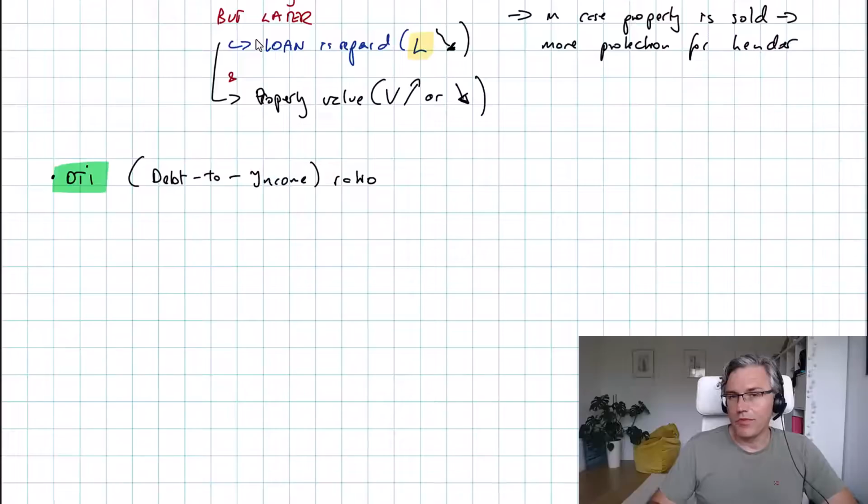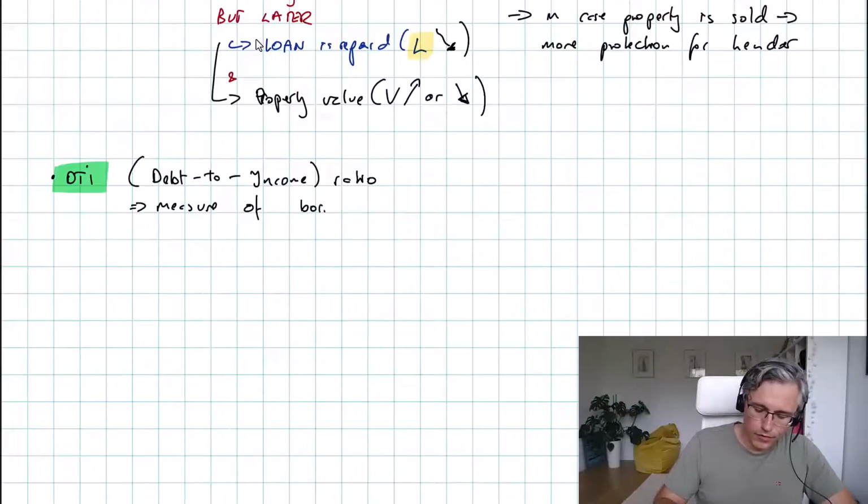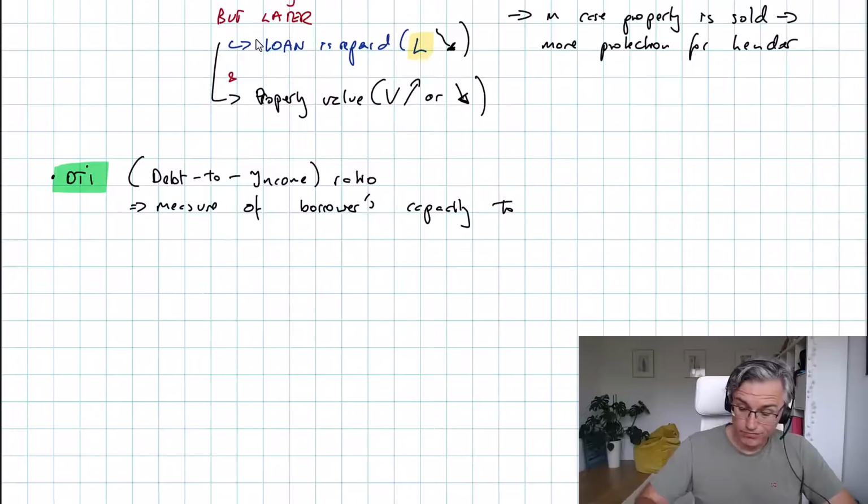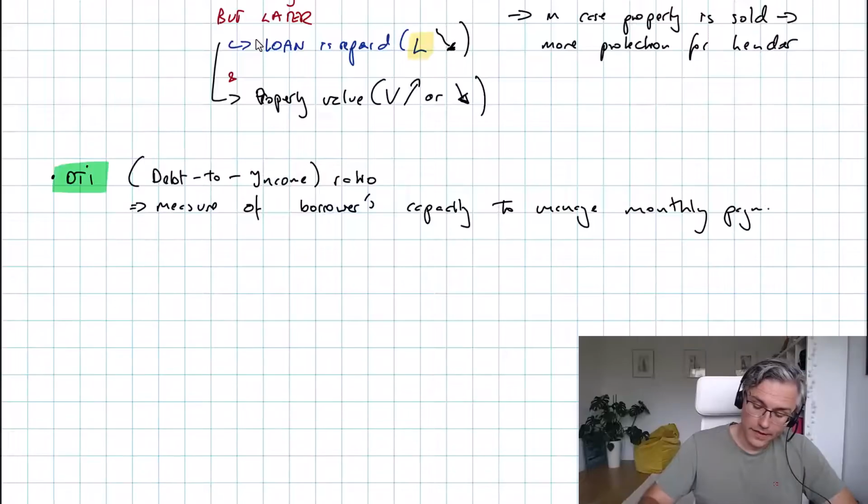It's very important in residential mortgage lending, and it basically is a measure of the borrower's ability or capacity to manage their monthly mortgage payments, monthly debt payments.